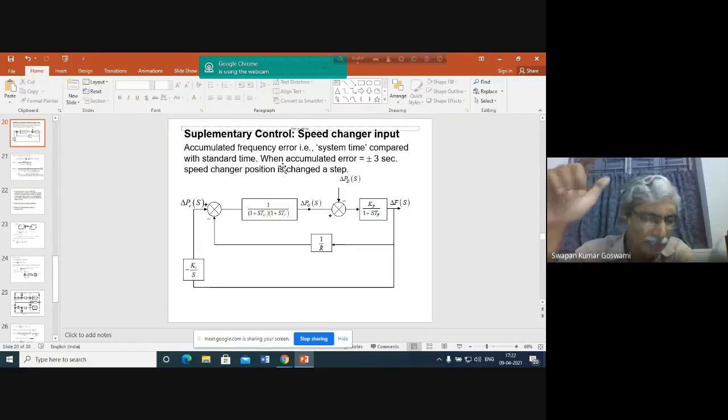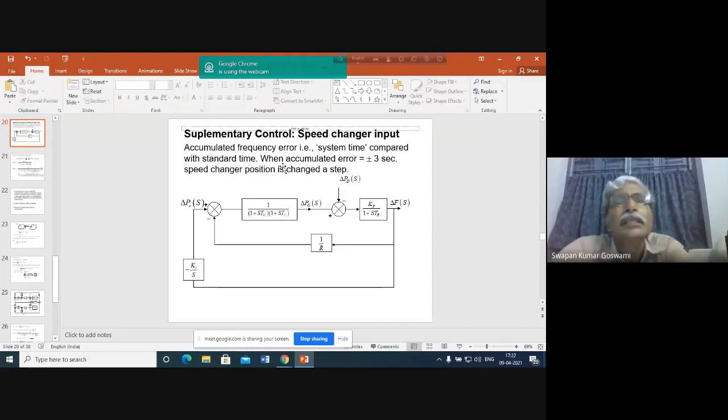Similarly, this particular consumer who has some generation as well, what can he do? He can run his generator and deliver power to the system when the system demand is less. Say during night time, he is generating power and injecting it into the system. As a result, what is happening?